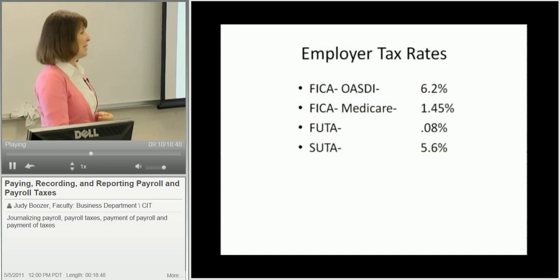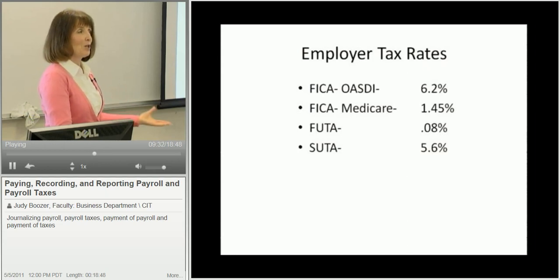And Medicare is 1.45%, both for employee deduction and for employer contribution. Is there a cap on that? No cap on Medicare. What's the cap on OASDI? 106.8 currently, but the book's going to tell you 102, because that's what it was a couple years ago. So for the assignments, use whatever it tells you it is.